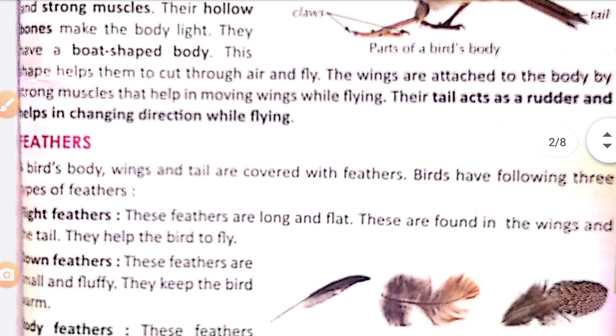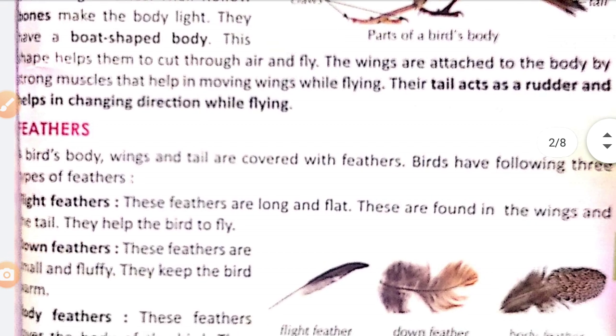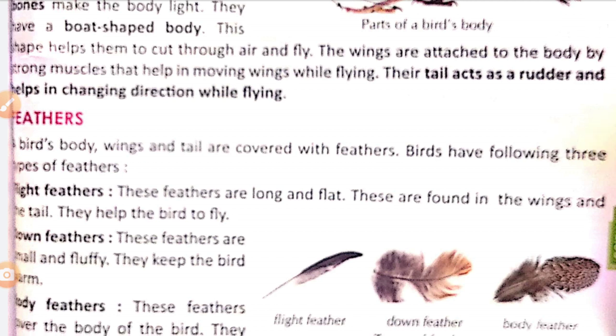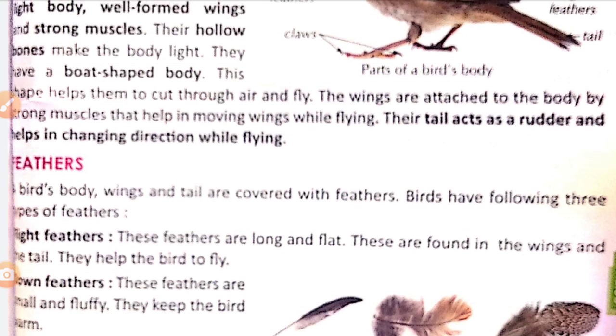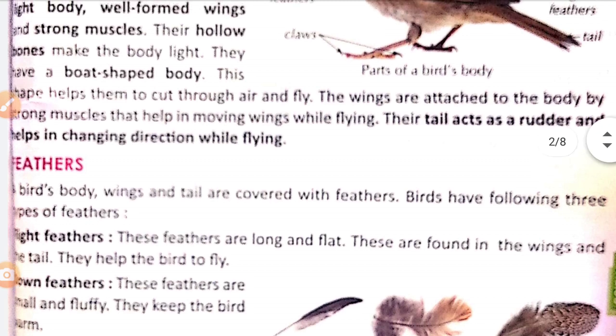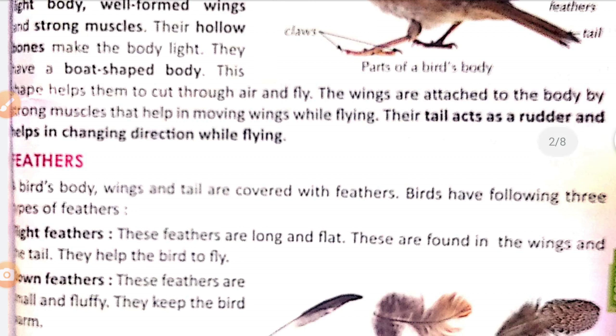The wings are attached to the body by strong muscles that help in moving the wings while flying. जो विंग्स उनसे अटैच होते हैं बॉडी को स्ट्रॉन्ग मसल से, वो क्या करते हैं? मूविंग विंग्स फ्लाई करने में उन्हें बहुत ही हेल्प करते हैं.